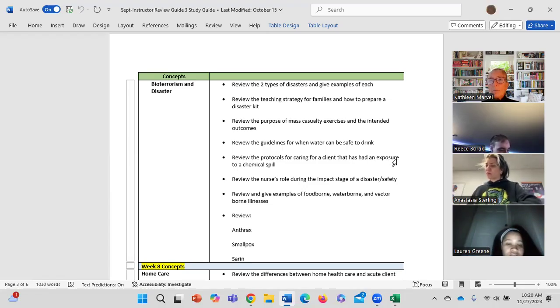Waterborne: what are some waterborne illnesses? Those could be from drinking contaminated water. We hear of cholera, giardia. Vector-borne illnesses: Lyme disease, malaria.